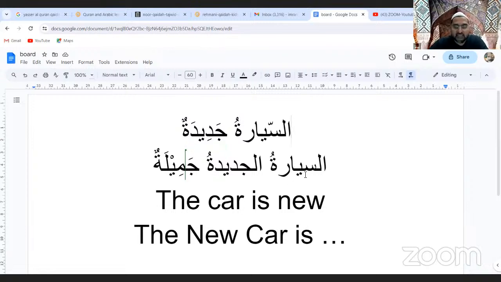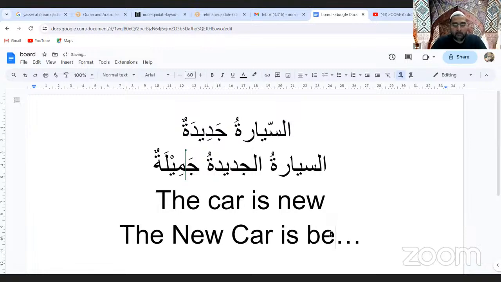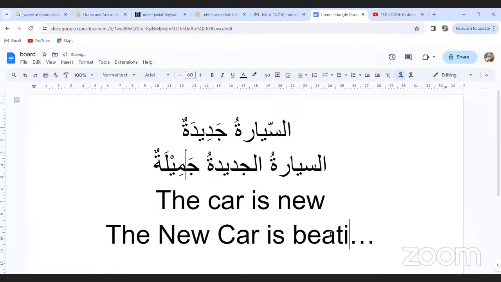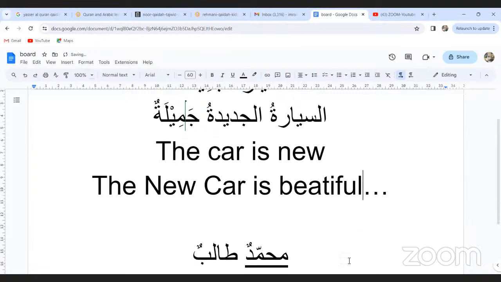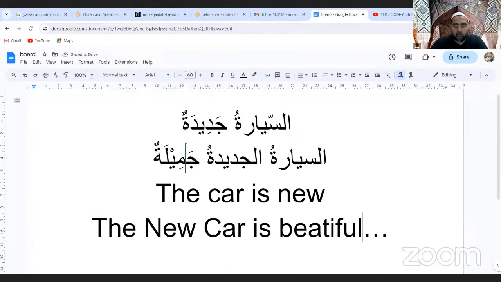Look at this now. As-sayyaratu al-jadidatu jamilatun. The new car is beautiful. What's happening here now? As-sayyaratu is definite, jamilatun is indefinite without alif lam. So as-sayyaratu is mubtada, jamilatun is khabar.